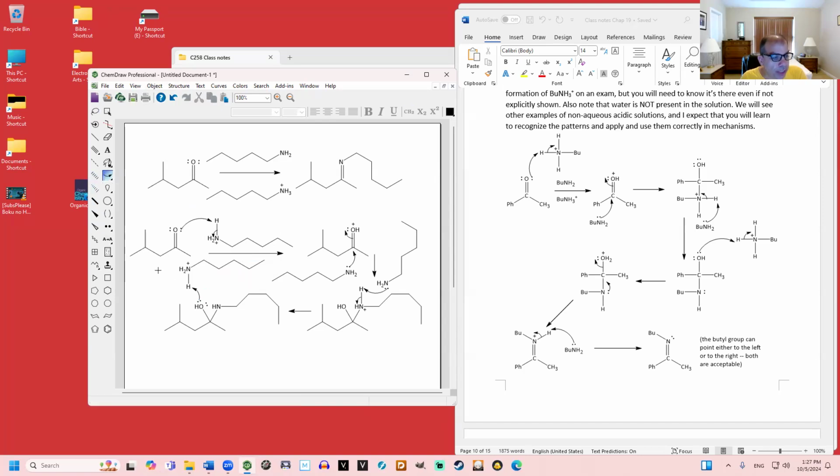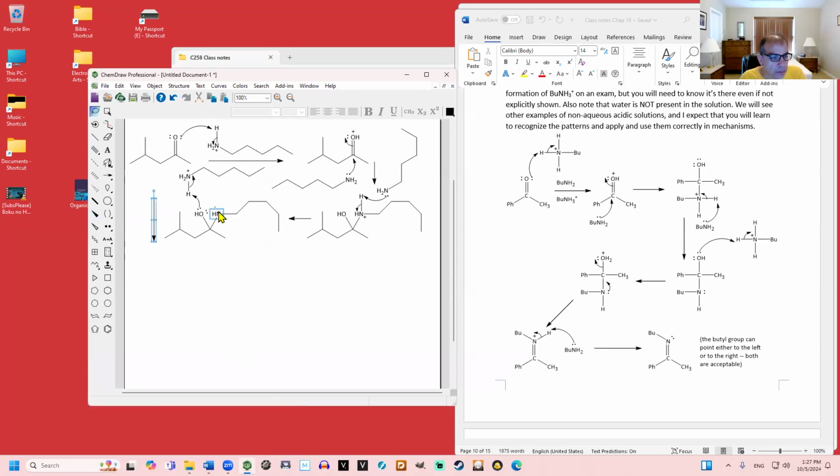We pick up the proton attached to nitrogen, break the NH bond, and put the electrons back onto nitrogen. That protonates the oxygen.